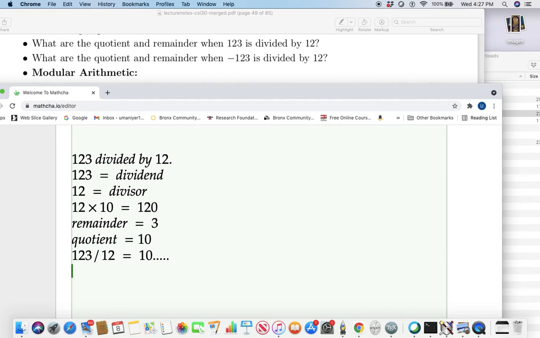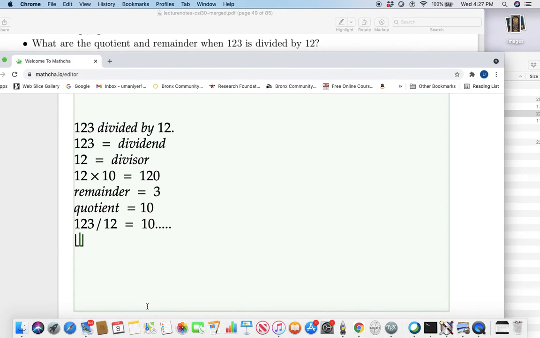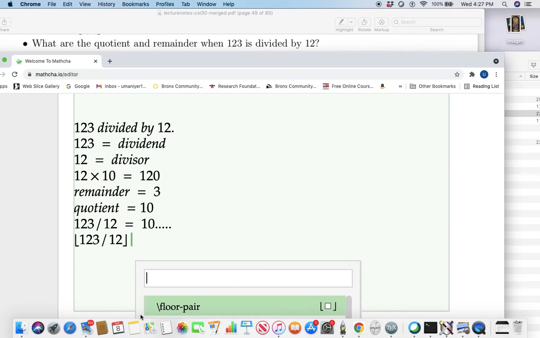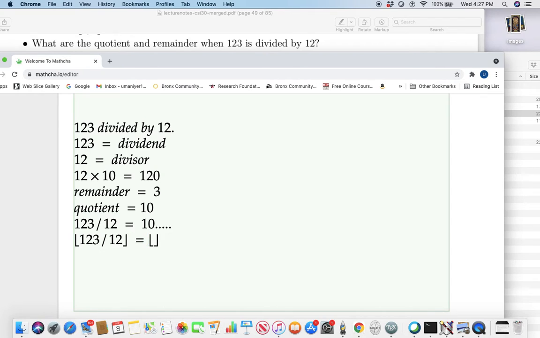Well, if I take the floor of 123 divided by 12, I'm going to get floor of 10 point something, which is simply 10. That is my quotient. Now I take 12 times 10, that's 120. Whatever is left over is my remainder. Now notice this is a positive number being divided by 12.